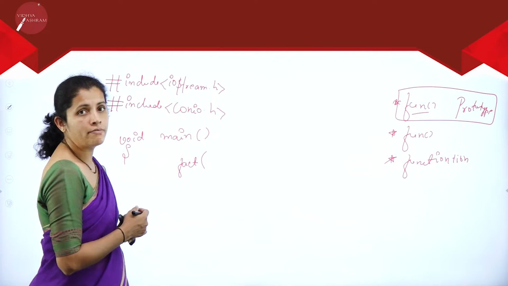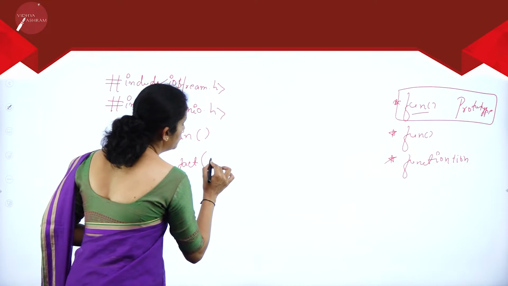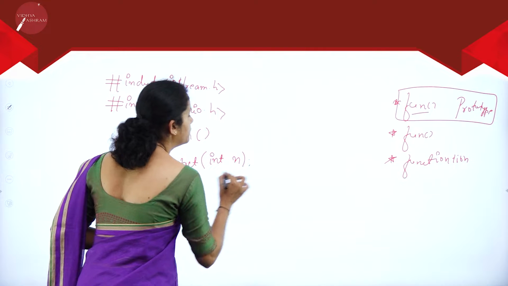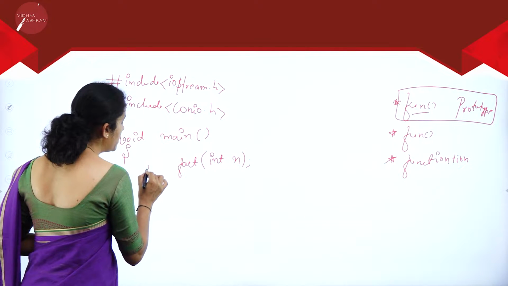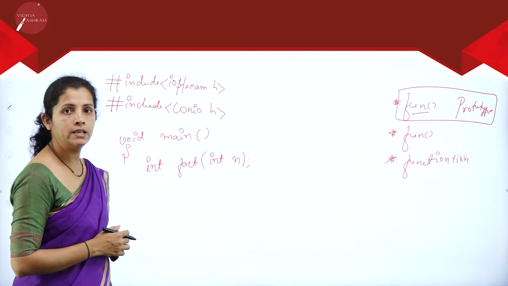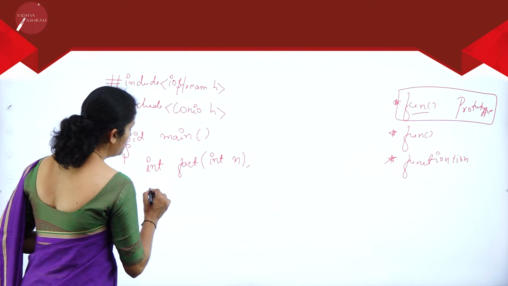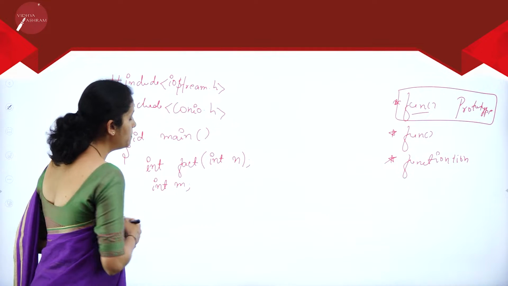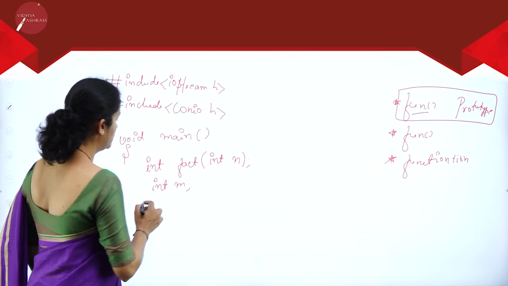Now I want to specify the arguments, for example, int n. Now I want to specify the return data type, for example, say it is integer. Now I'll take one more variable called m, and it's of type integer.